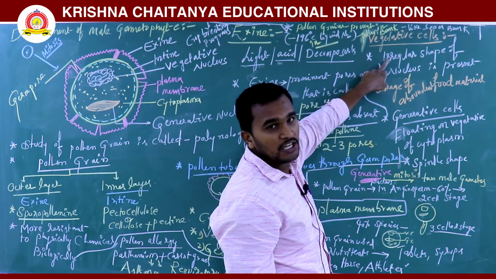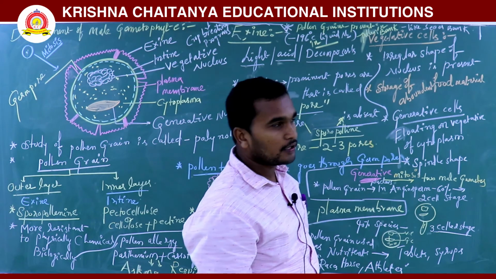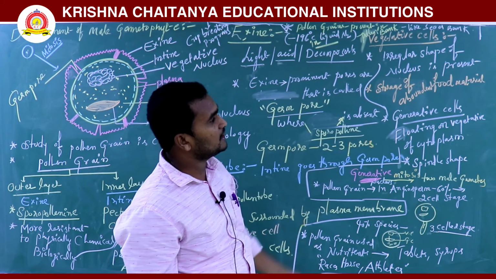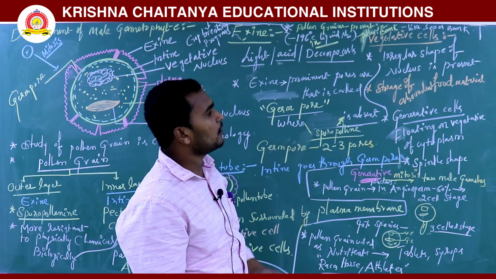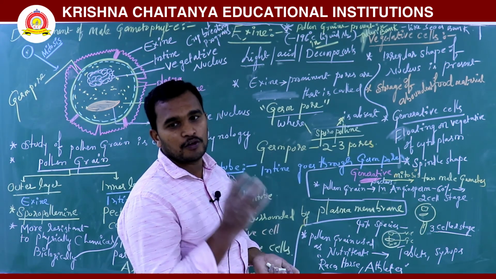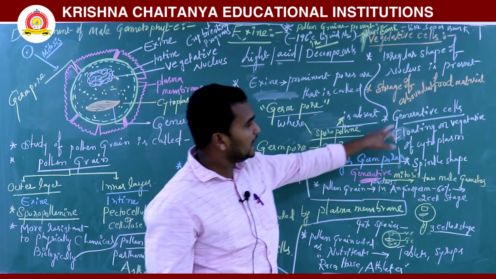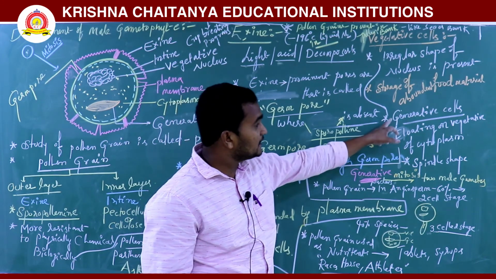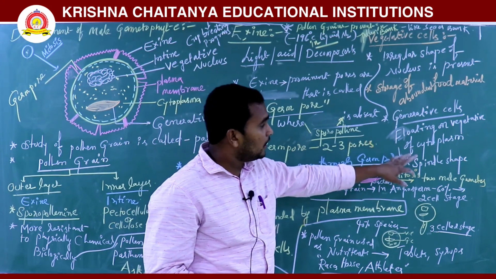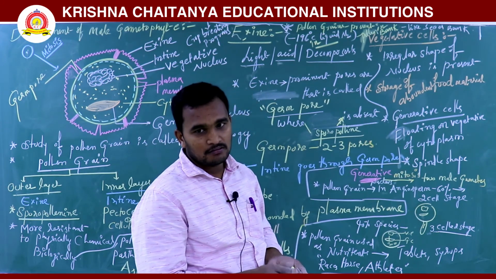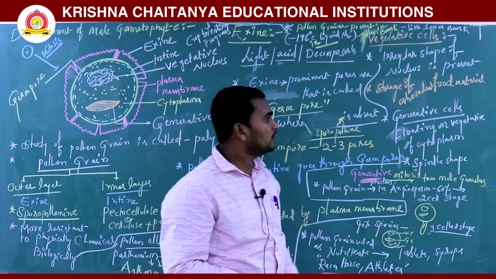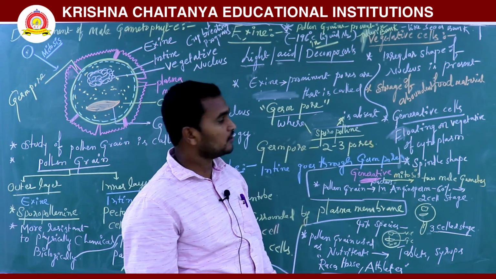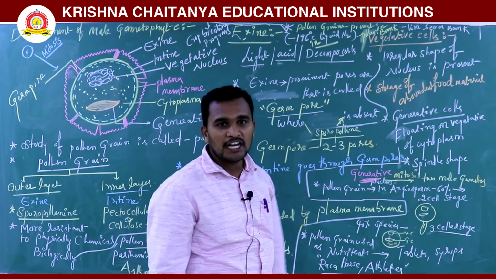The vegetative cell is irregular in shape, and its nucleus is also irregular in shape. It stores abundant food materials. The generative cell floats in the cytoplasm of the vegetative cell, and it is spindle shaped.